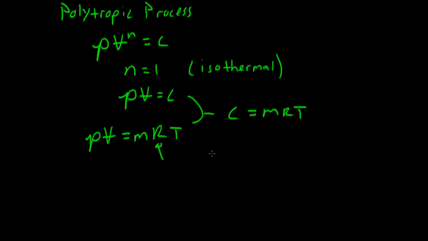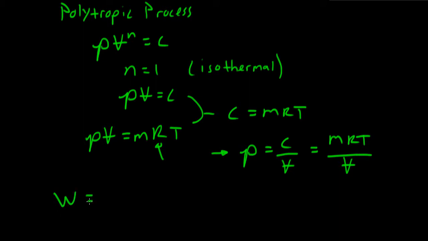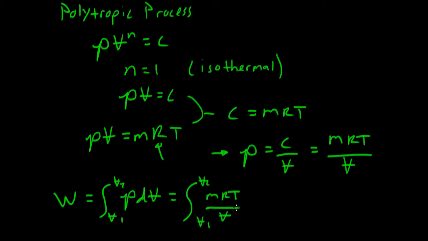Solving for the pressure, we find that P is equal to the constant divided by volume, which is equal to mRT over V. Substituting into the work integral, we see that work is equal to the integral from V1 to V2 of P dV, which is equal to the integral from V1 to V2 of mRT over V dV.